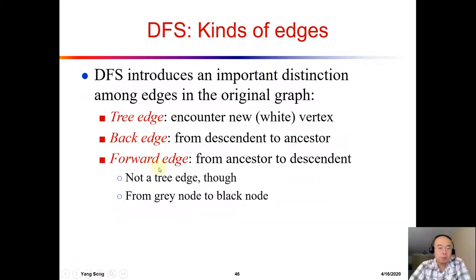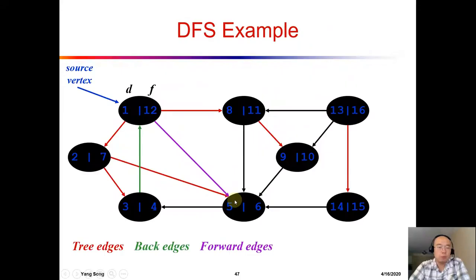And the next one, forward edge. A forward edge is an edge from an ancestor to a descendant, and they are not tree edges either. Usually they are from the green node to the black node. For example, this purple one. There is actually a path from 112 to 27 and then to 56, right?